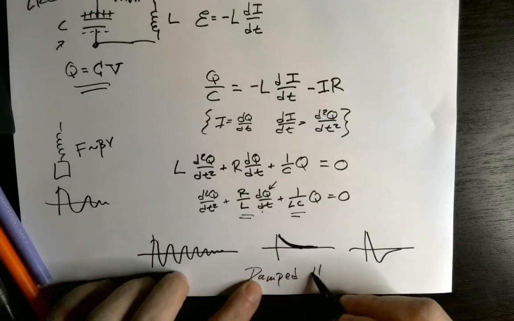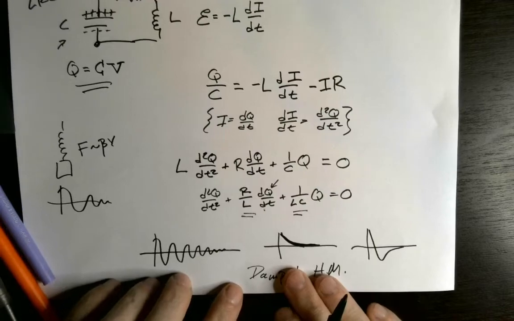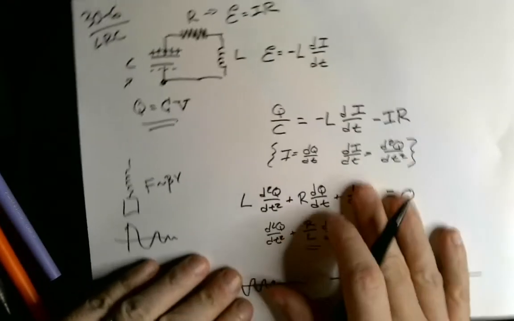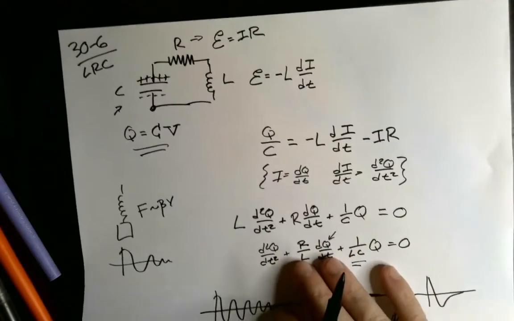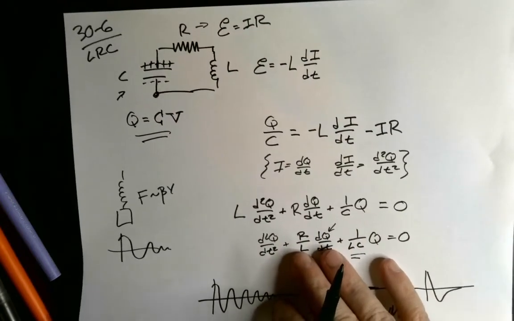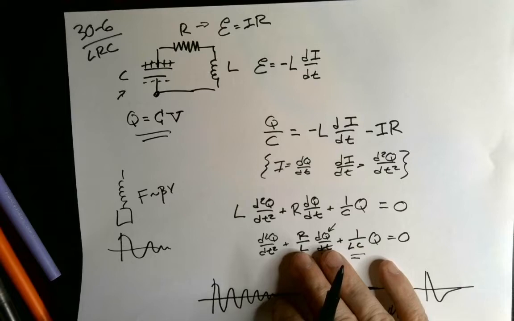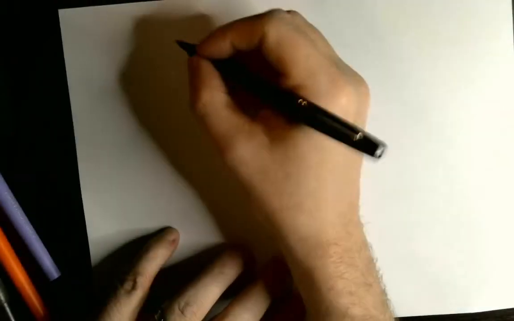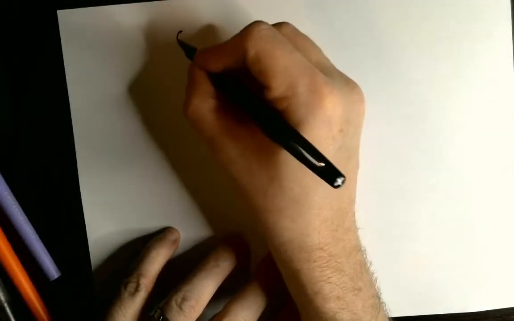And it's exactly the same as the situation with a mass on a spring. So you've got this analogy between electrical harmonic motion in an LRC circuit and mechanical harmonic motion. What's the analogy? The thing that's changing in the electrical circuit is charge.